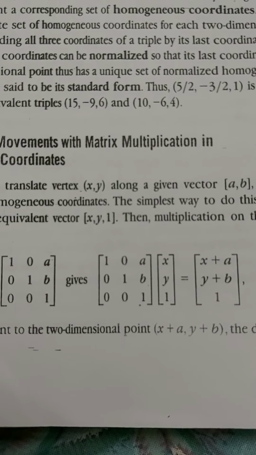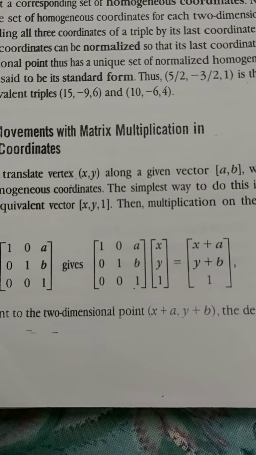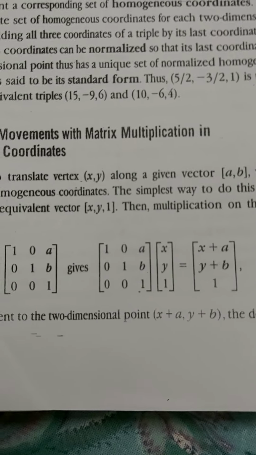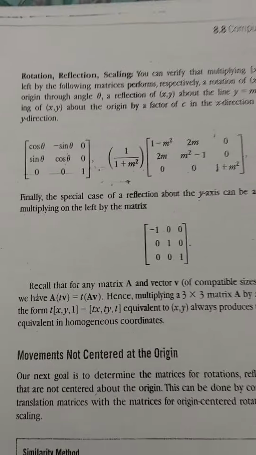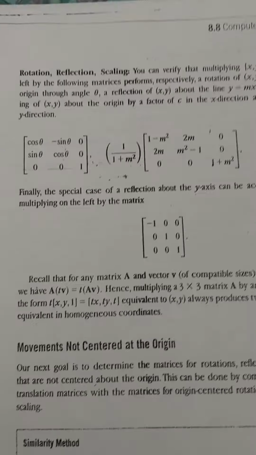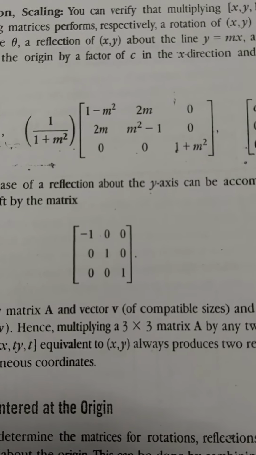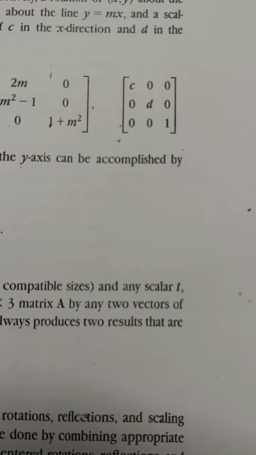That means by homogeneous coordinates we can obtain translation by multiplying a matrix. Okay. Similarly, for rotation and reflection, we will change (x, y) to (x, y, 1). So multiply by this 3 by 3 matrix for rotation, this 3 by 3 matrix for reflection through line y equal to mx, and this for scaling.